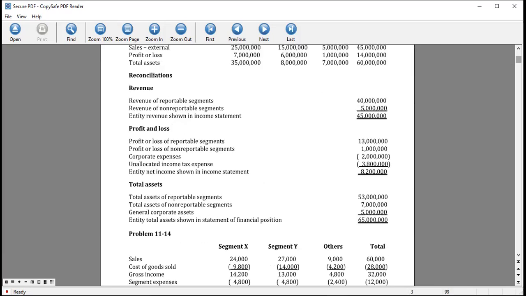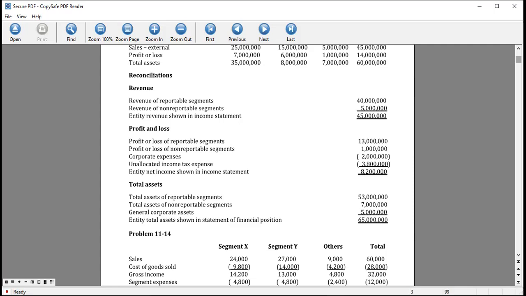Now, 11-13, we are given the sales, segment expenses, and segment assets of segments A and B and others. Now, the company has total assets of 90,000 at year end, and provided the following condensed income statement for the current year.